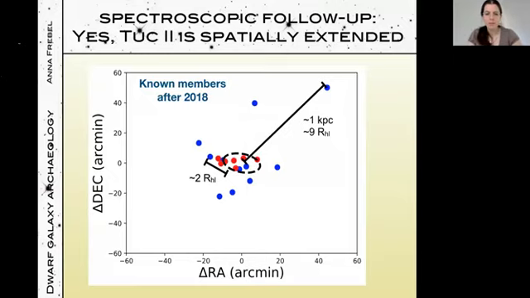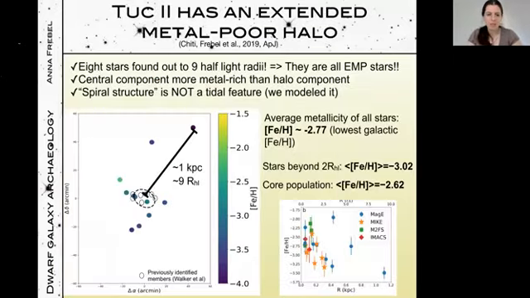And I'm going to show you this one here again, just a slightly different depiction here at the bottom left. And you can now see the metallicity coding. All of these outer stars are extremely metal poor. So they're even below -3. So we found 8 stars, and they're all below -3.